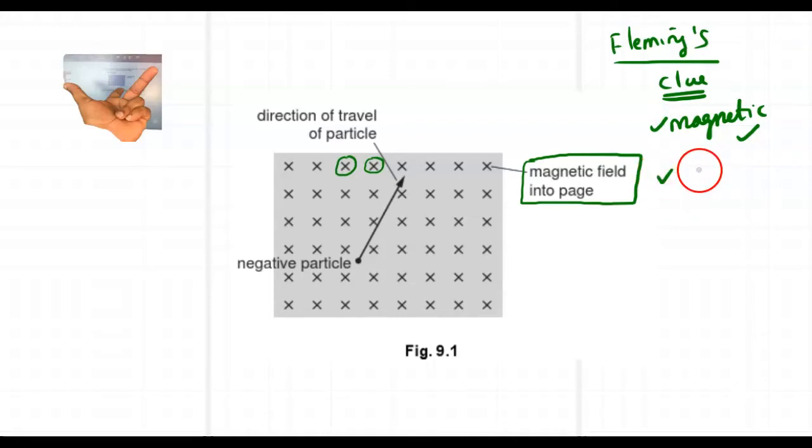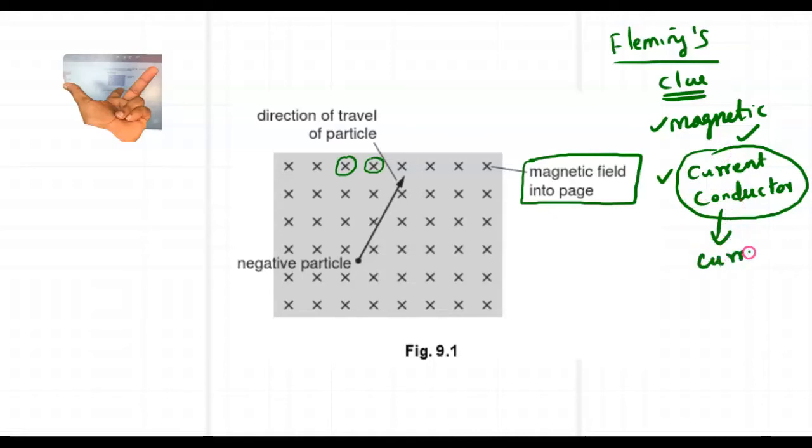The current carrying conductor, otherwise a current. Here in this case we have negative particles, that is the opposite direction of current flow.